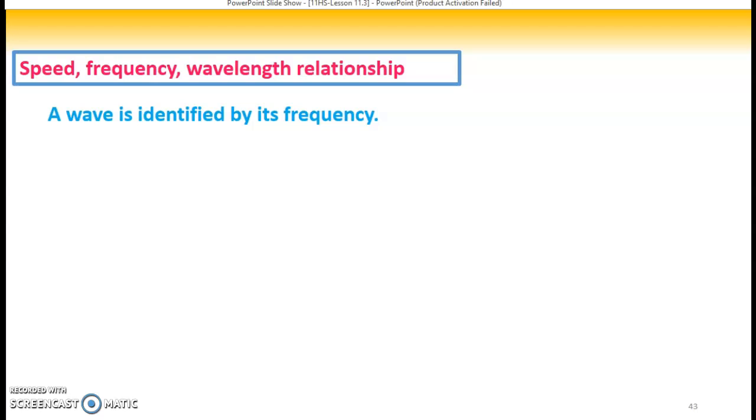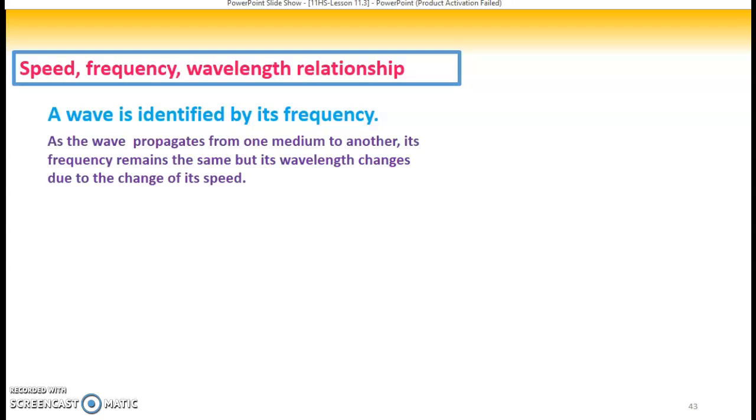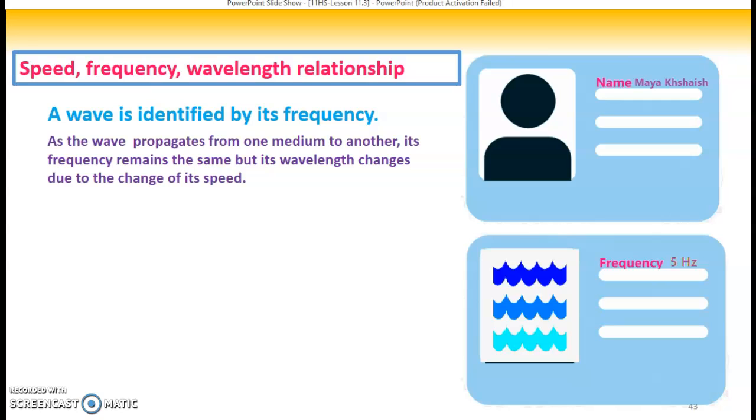A wave is identified by its frequency. As the wave propagates from one medium to another, its frequency remains the same, but its wavelength changes due to the change of its speed. So as you can see here, I try to do an analogy between the identity card of a person and the identity card of a wave.